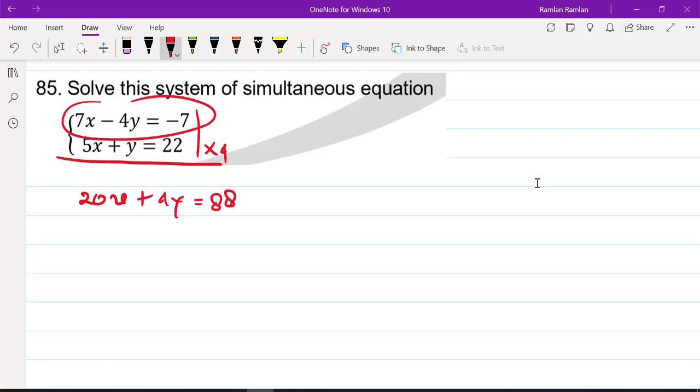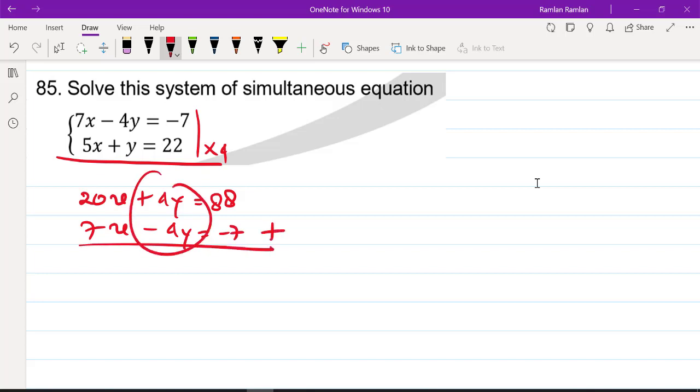If I rewrite the first equation exactly below this one, you can see that if I add them, the y terms become 0, because 4y plus negative 4y is equal to 0. I'm eliminating the y, right?